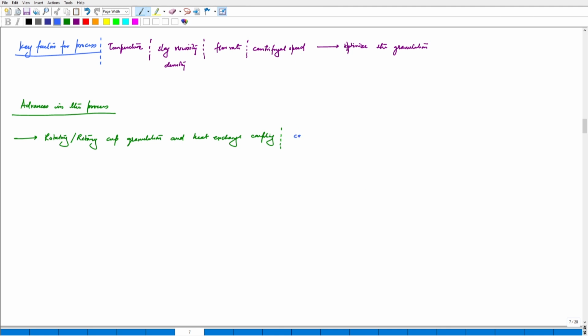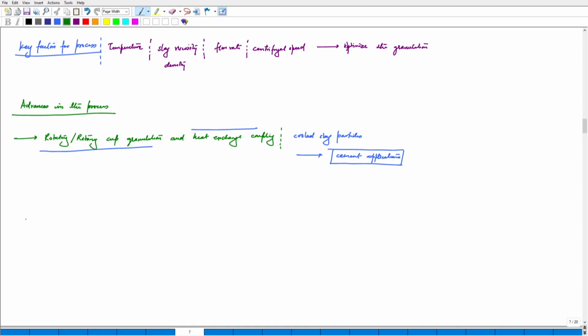What this does is produce cooled slag particles, and these are fit for cement applications. So if we are combining this with a heat exchanger, what we can get is, of course, heat recovery, and we can use the finished raw material for cement applications.